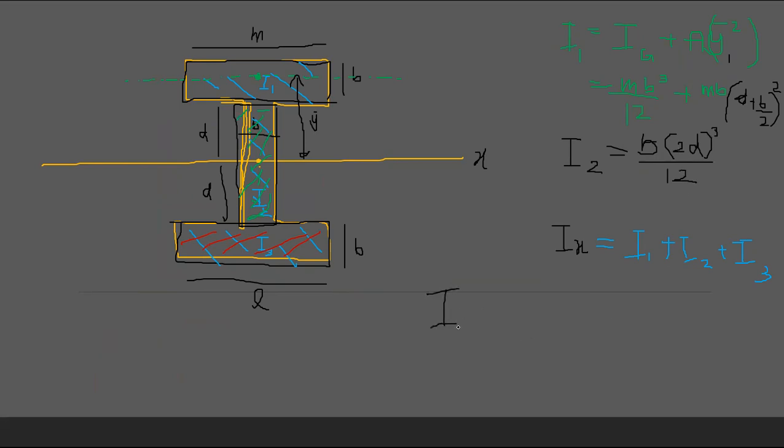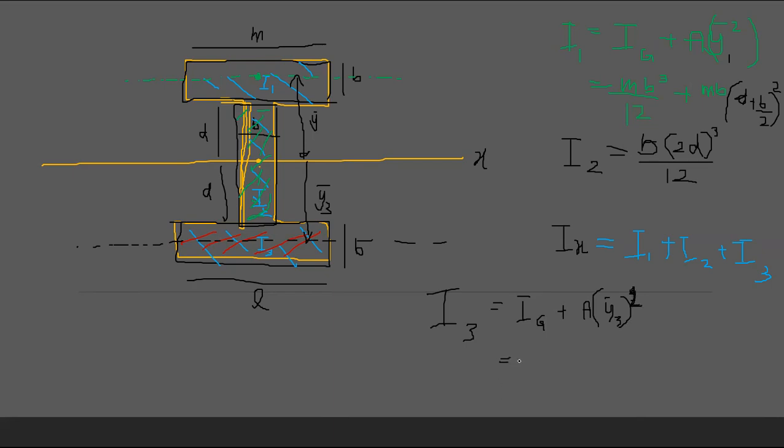For I3, similar to this, the x-axis is not going through the centroid, so you have to draw this imaginary centroid axis and find. Let's say this is y bar 3. I3 is going to be Ig plus A y bar 3 squared.